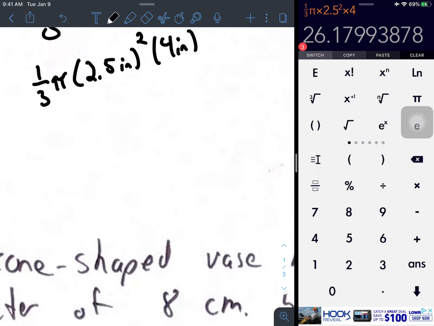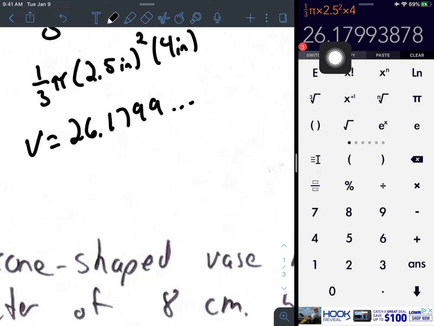If I hit enter here, I get 26.1799, and so on and so forth. But it does say to round to the nearest tenth, which means I'm going to be looking at the next place value to the right.